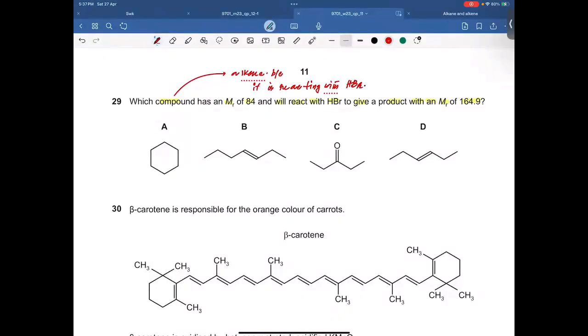So obviously option A is incorrect because it is not an alkene. C is a ketone, not an alkene. So the combination exists between B and D.